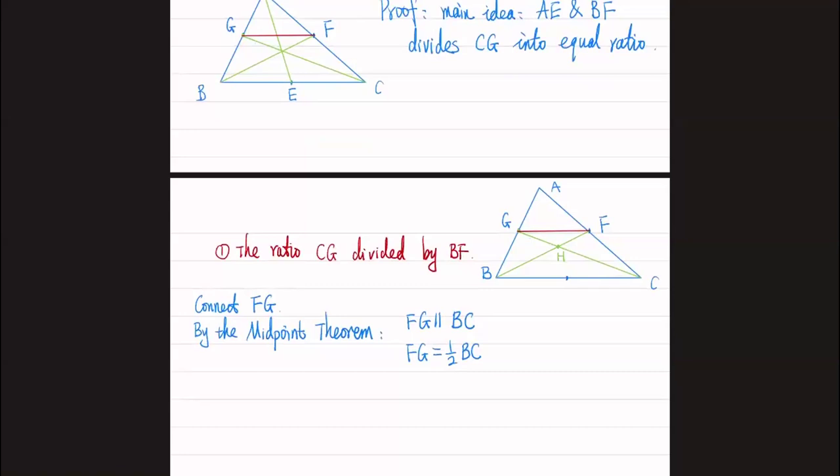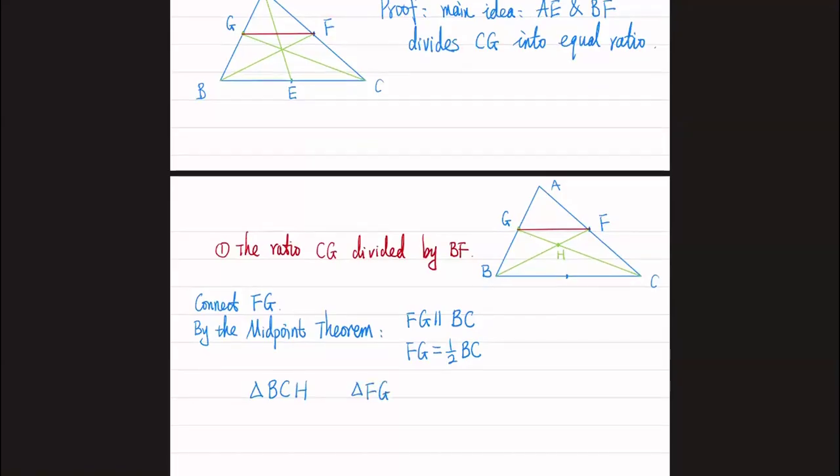Now we want to check the two triangles BCH and triangle FGH. I want to say these two triangles are similar. Can someone tell me why?